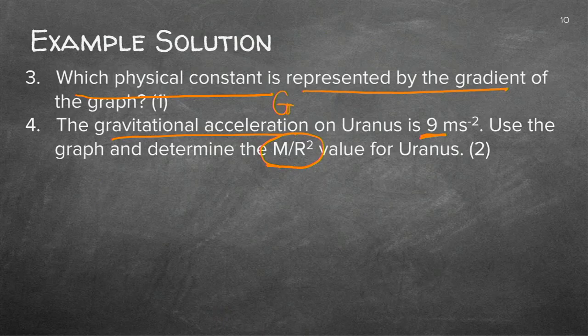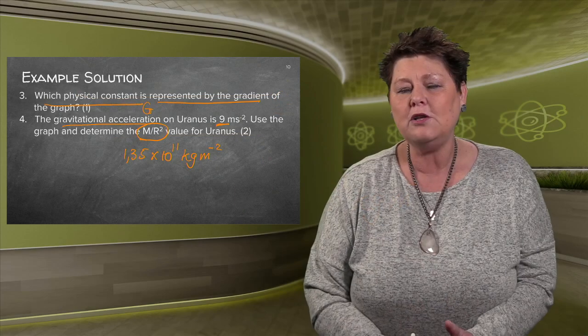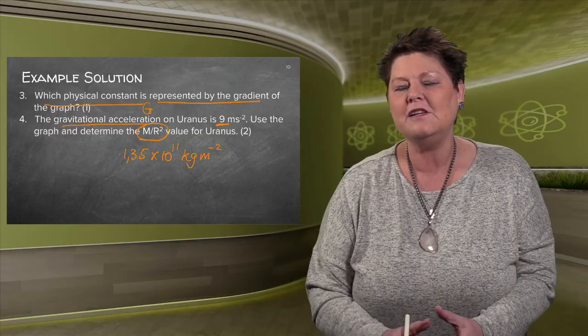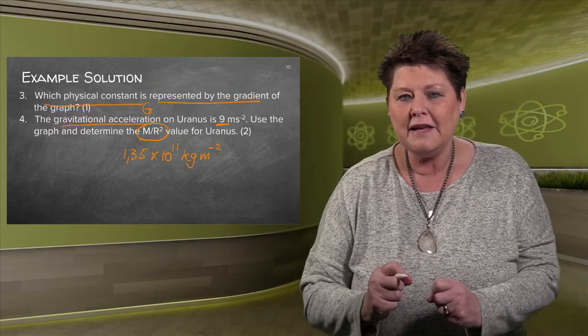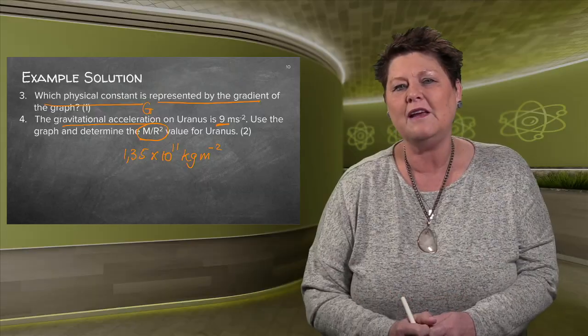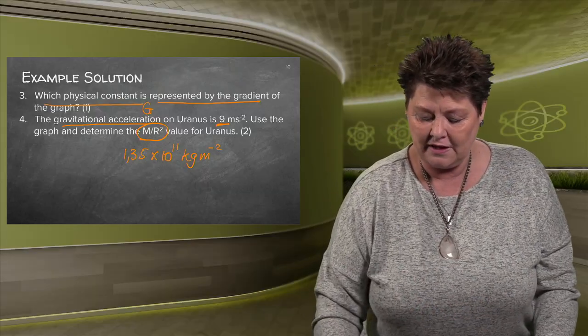I found the value to be 1.35 times 10 to the power of 11. And the unit is exactly as on the x-axis. So this is really just going to your graph, and mostly you'll be using the graph. So interpret the graph, see what they're giving me, and use the values that they're giving me.